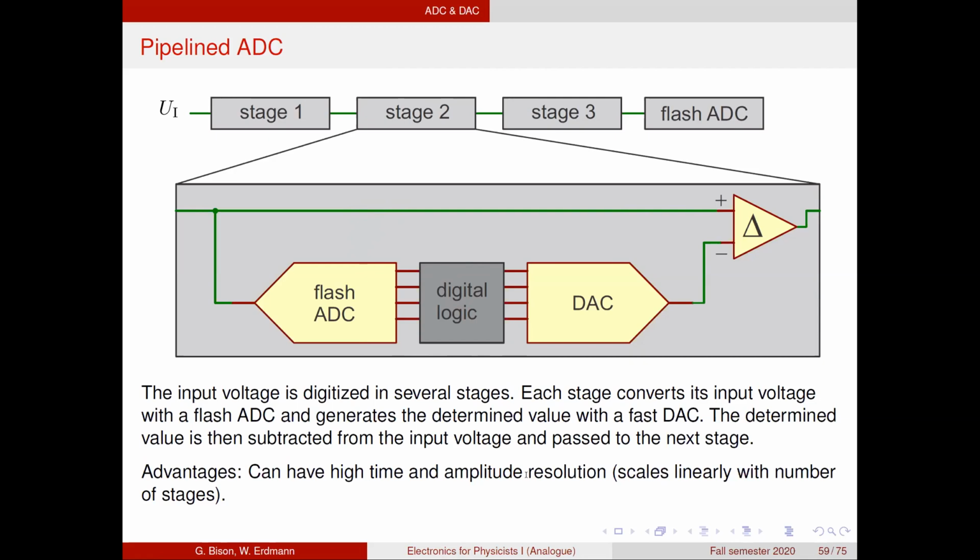Then you send this through a second stage where you determine how large that was in a given approximation. You subtract that from the signal again, so you get the digitization error of stages 1 and 2 combined. It's then the input to stage 3, and so this is much closer to your signal. You can amplify this again and do one more step. Then what remains, you can feed into a flash ADC.